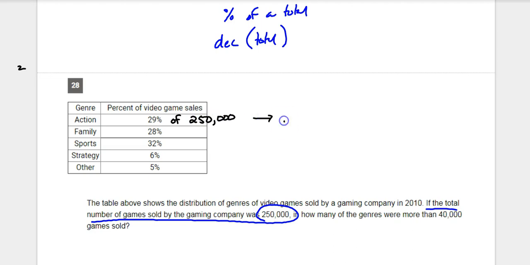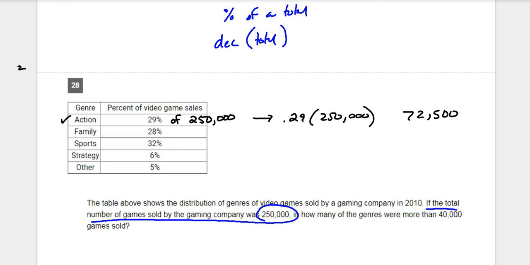Well, it's 0.29 times 250,000, which comes out to be 72,500. So that's definitely more than 40,000. So there's one that's more than 40,000.